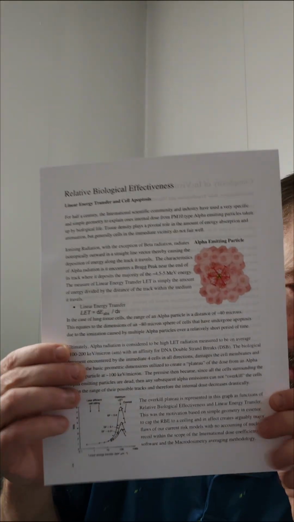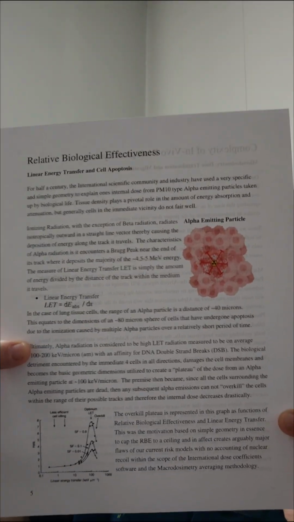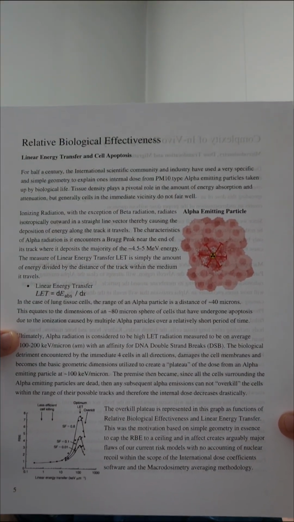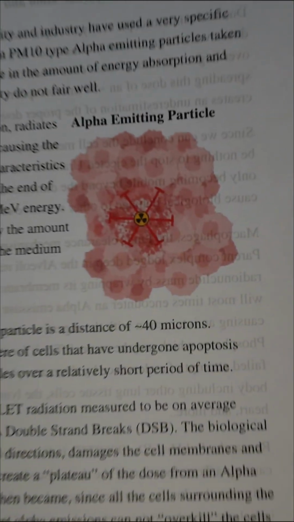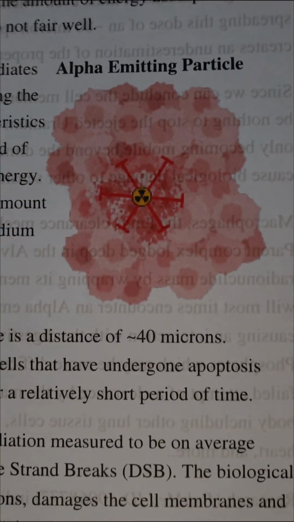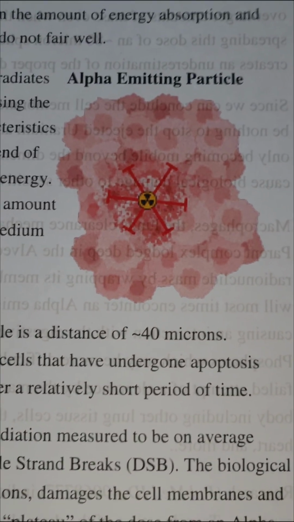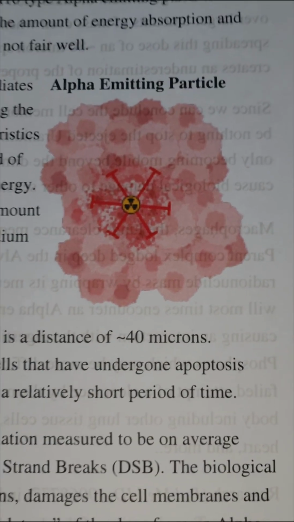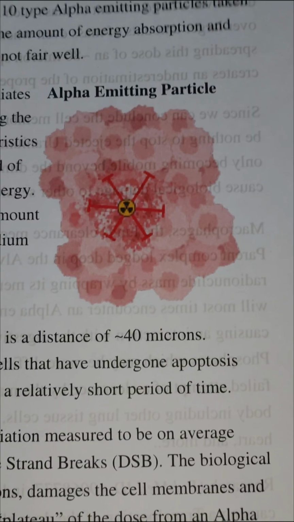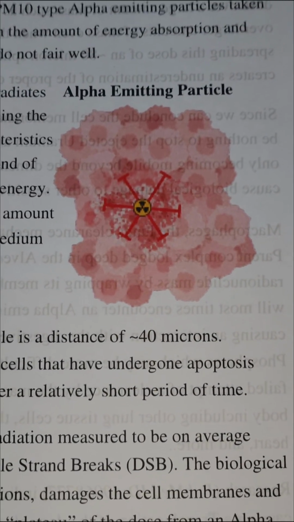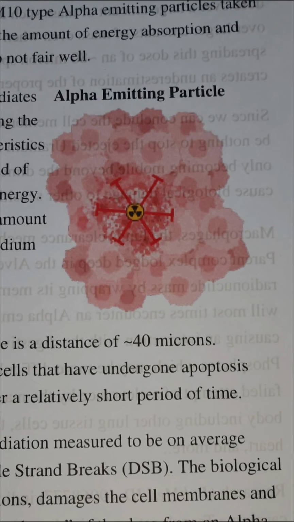Now, relative biological effectiveness. This is what they say. They say that your dose plateaus because the alpha particle's range is 4 microns. That's the radius, or 8 micron diameter, or a volume of 80 micron sphere, right?